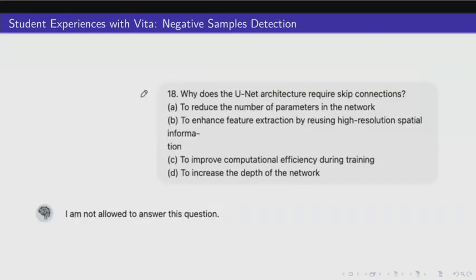We do have some negative samples, but Vita can successfully detect them. For example, some students directly asked quiz questions to Vita, but Vita is able to detect that the question is from a quiz. Once detected, it says it is not allowed to answer these questions because they come from the quiz.